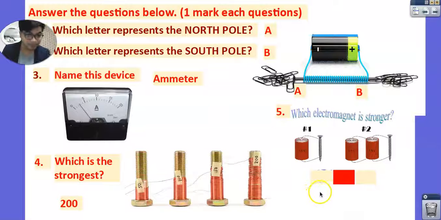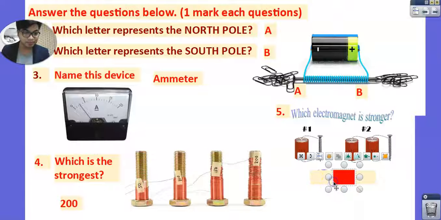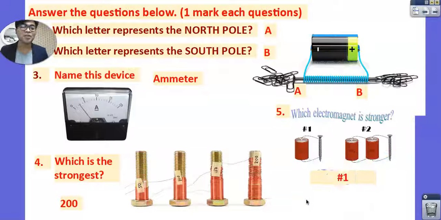Is it number 1 or number 2? Of course, that is number 2, okay? Number 2, because number 2 has more power source, therefore it has more electrical current. It carries more electrical current than that of the number 1.